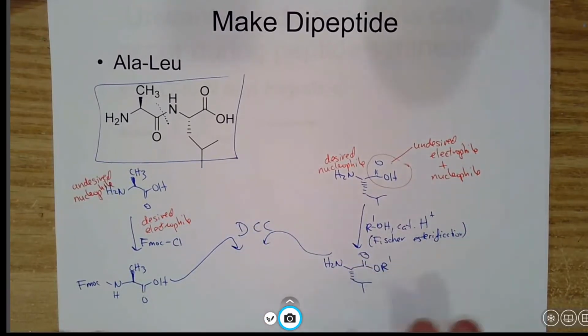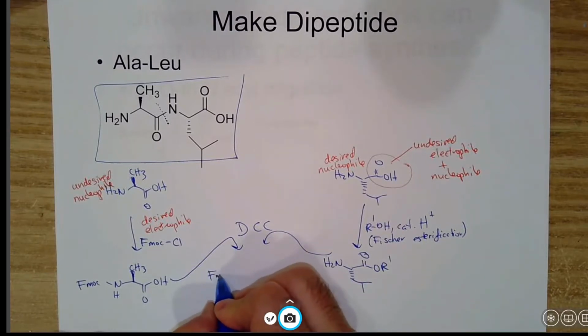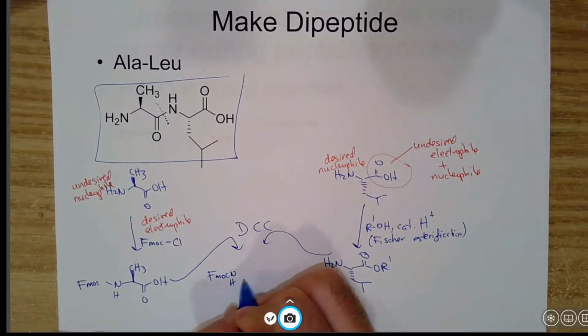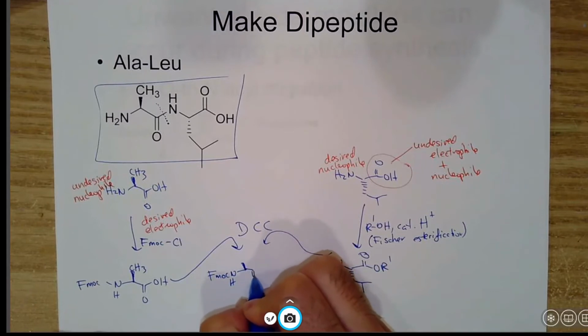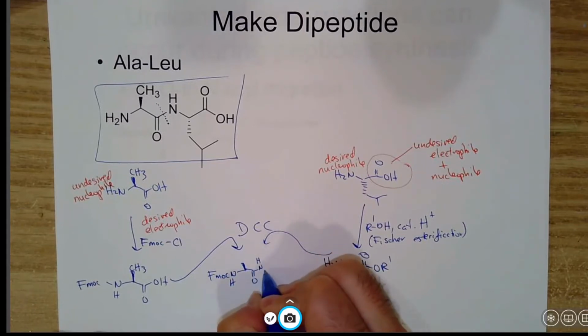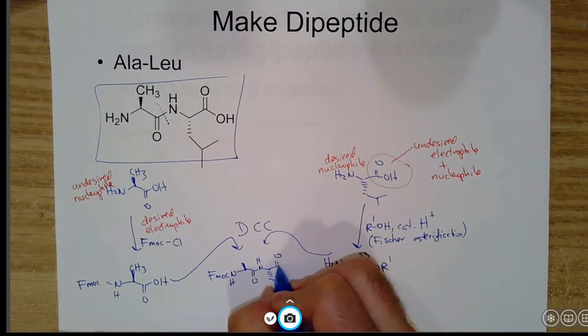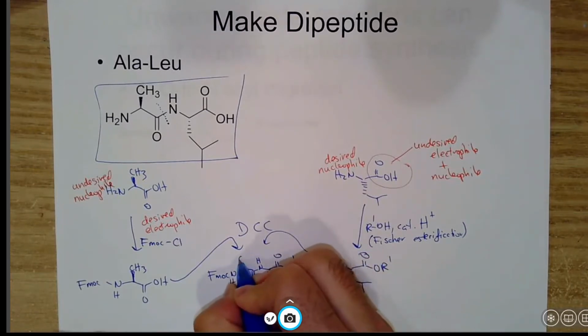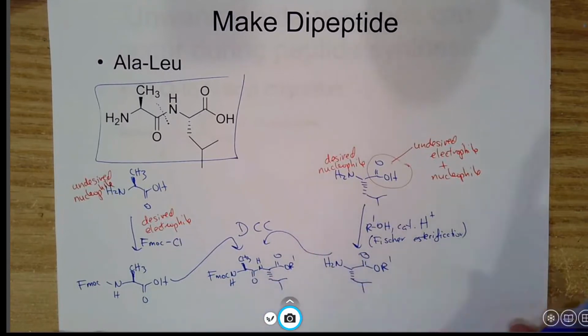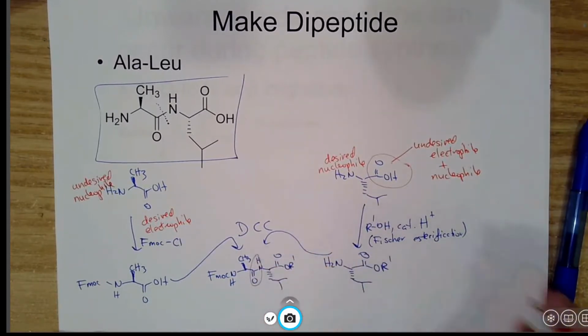You could add any of the other coupling reagents, and we are going to now put them together and make our dipeptide. Okay, so we've made our desired peptide. There's our desired amide bond.